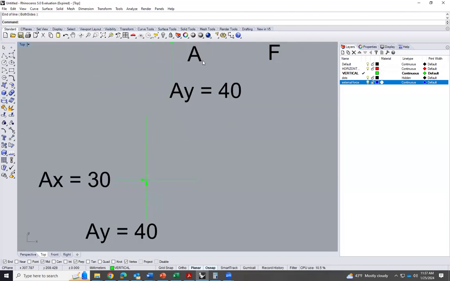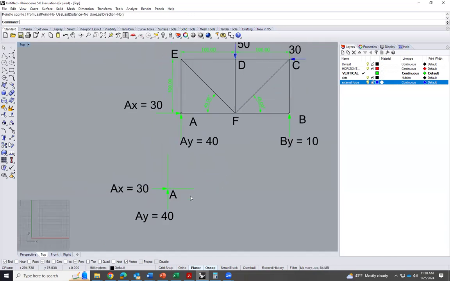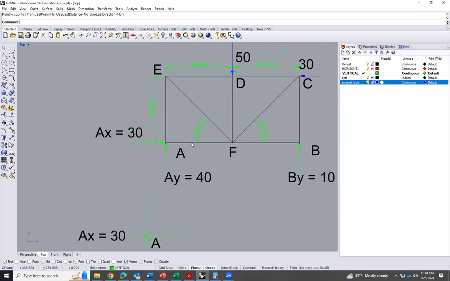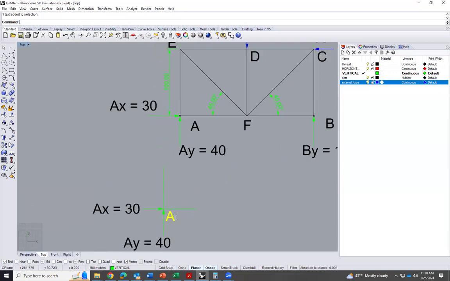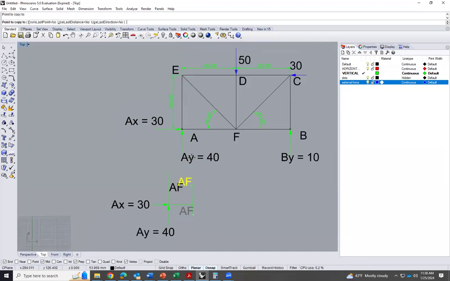And we need equilibrium at this point, at point A. Okay, so I'm going to call this bar AF because it connects point A and point F. So that bar is going to be AF. And the other one, it's going to be AE.